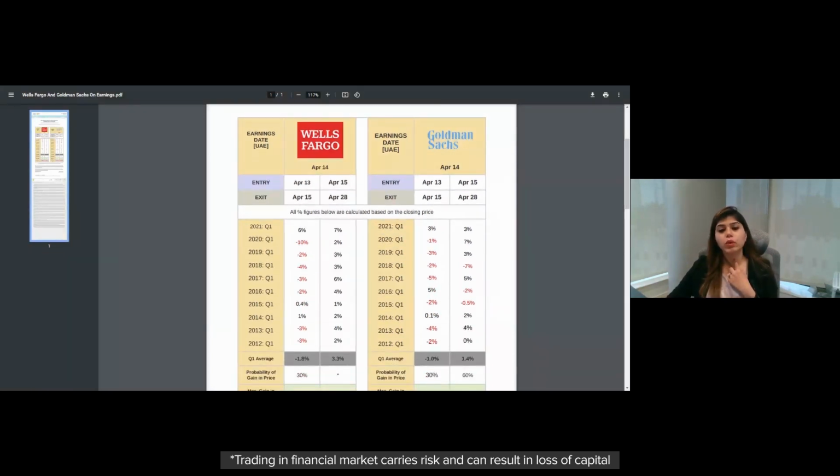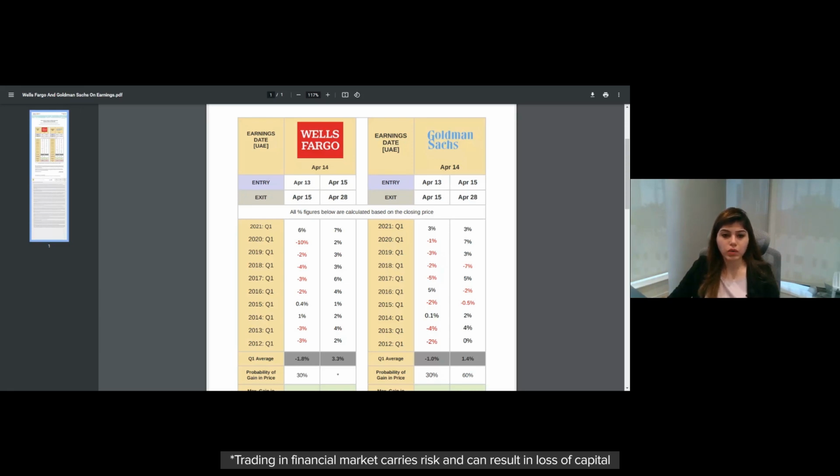Now, coming back to Wells Fargo, over here we've seen Wells Fargo is expected to report on April 14th, and we've tried to give a picture as to how the stock performs between one day prior and one day after the earnings. If you bought one day after the earnings and held it for almost 2 weeks, we've given the performance of the stock for that period, and for a day prior to its earnings.